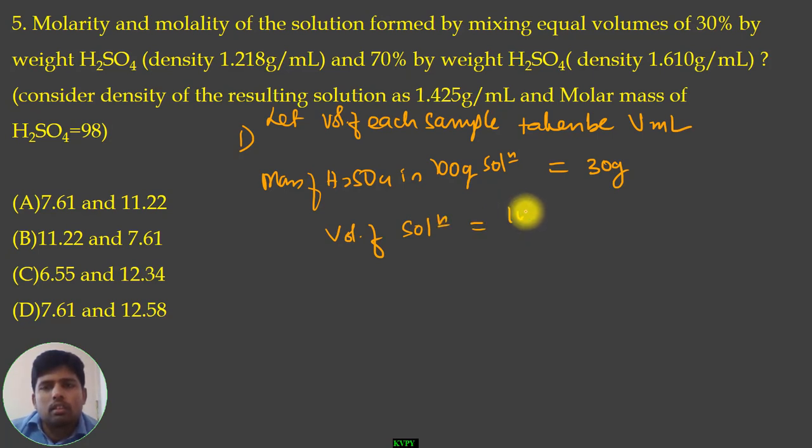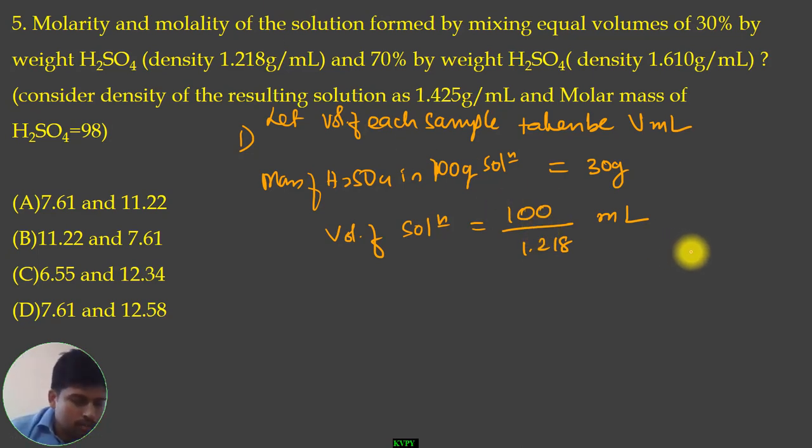Total mass of solution is 100, that's what we have considered, divided by density 1.218. This will be in mL, because we have considered gram per mL as the density unit. So this is the volume of 100 gram of solution, but we have taken V mL.